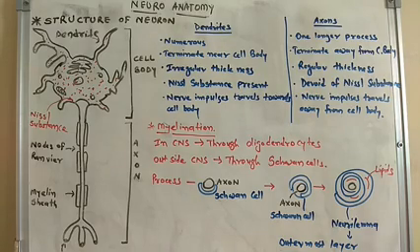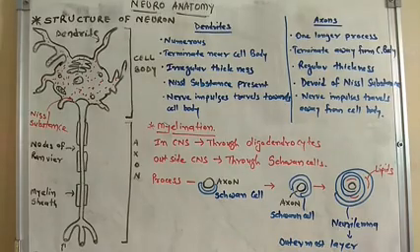If we see the Nissl substance in the microscope, we can observe that the Nissl substances are made from the rough endoplasmic reticulum. As we know, the function of the endoplasmic reticulum is the production of protein.